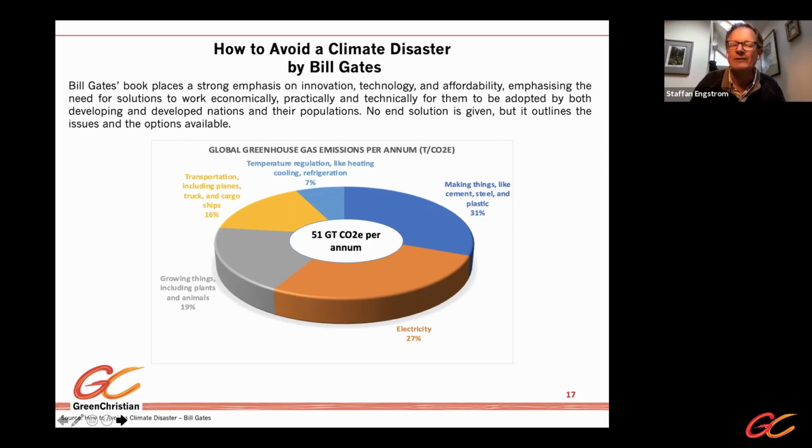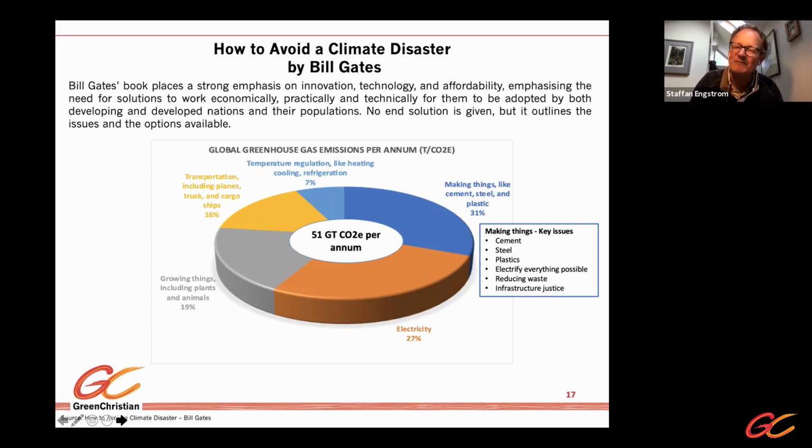So first of all, he talks about making things, 31%, then electricity, growing things, transportation, and temperature. The biggest aspects of making things are cement and steel. Cement and steel, the absolute heart of any civil engineer's passions and delivery, is where an enormous amount of energy and CO2 is made, not just in making it, but also in the production process as well.